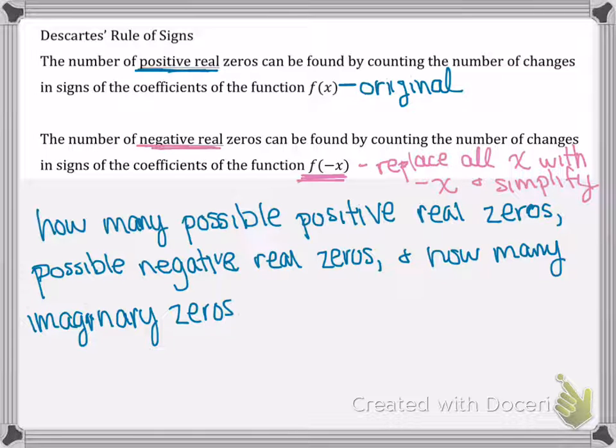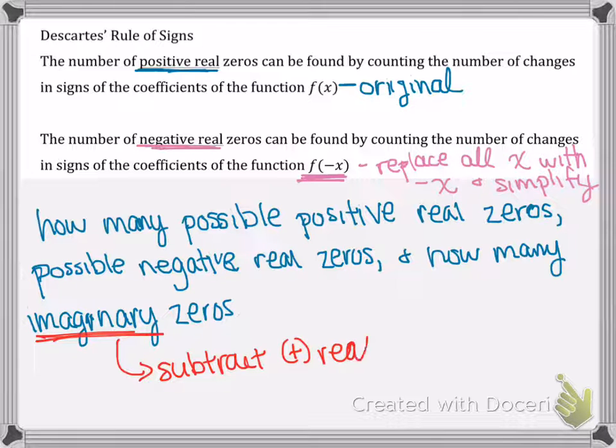Now, in order to find how many imaginary ones I'm going to have, what I will do is subtract the positive real and the negative real from the total number of zeros.